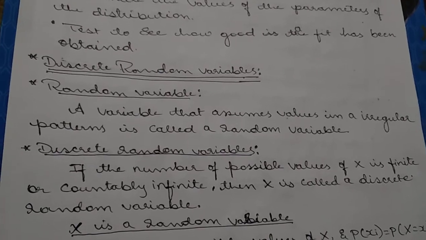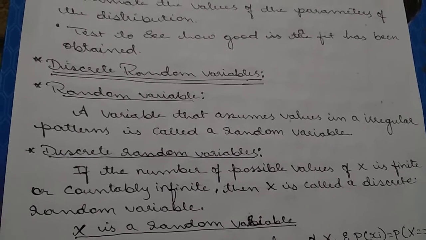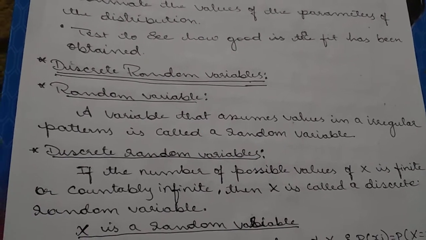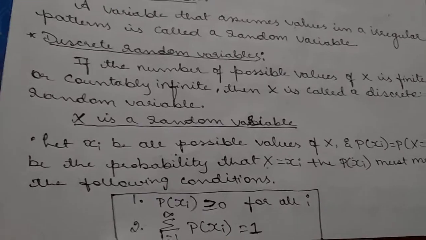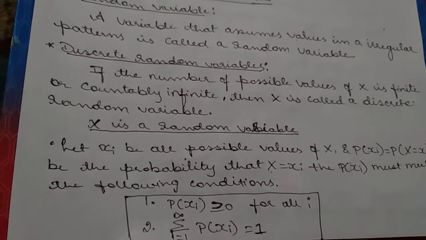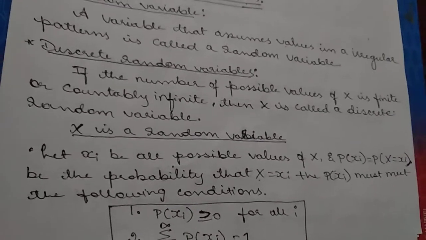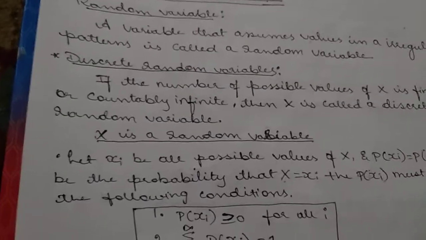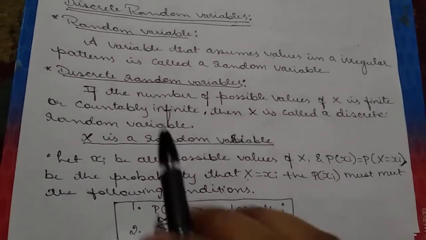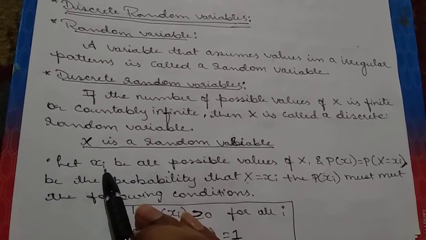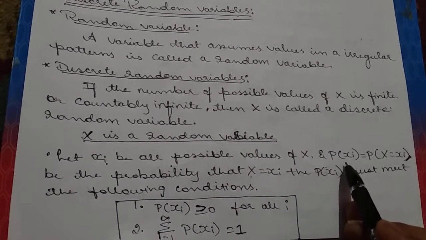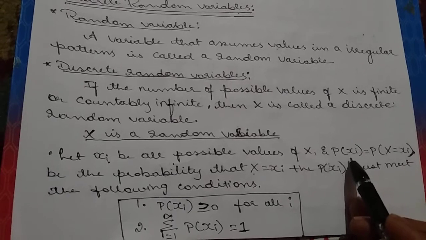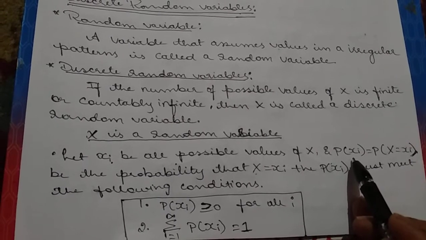If the random number you are generating is finite or countably infinite, then it is called a discrete random variable. Here xi, the small xi, are the possible values, the set of values of the random variable, and p of xi is the probability of getting those random numbers.